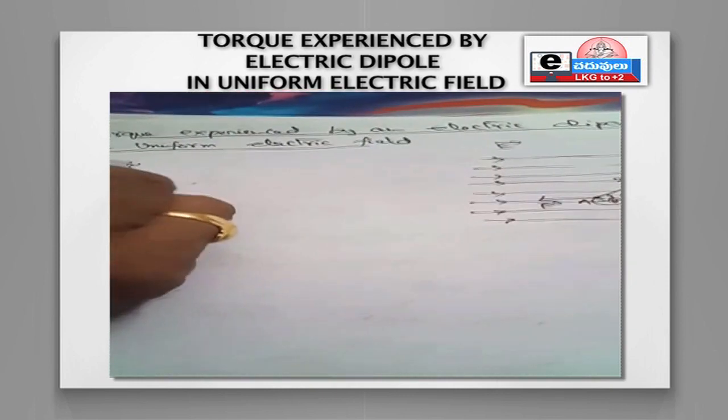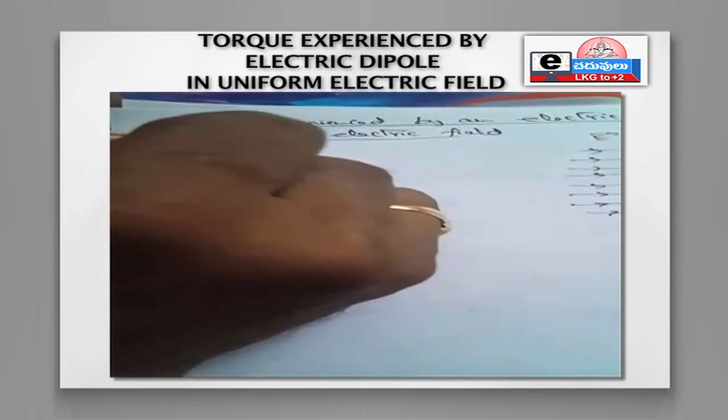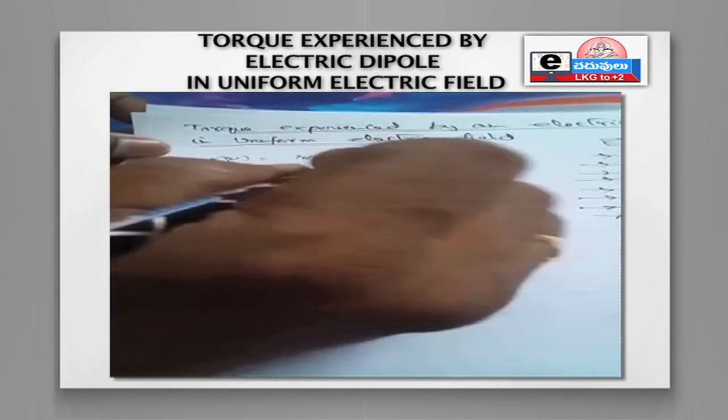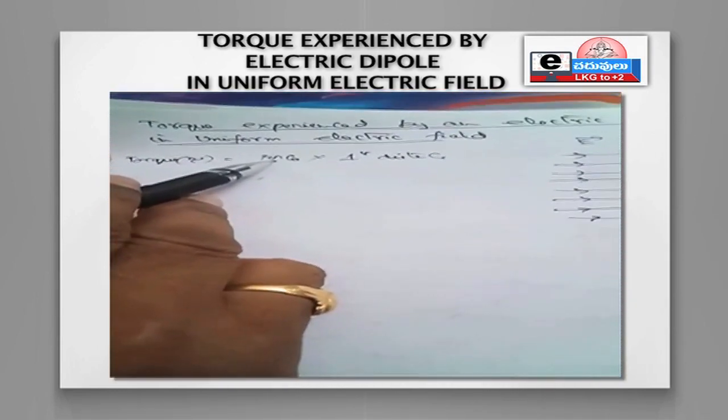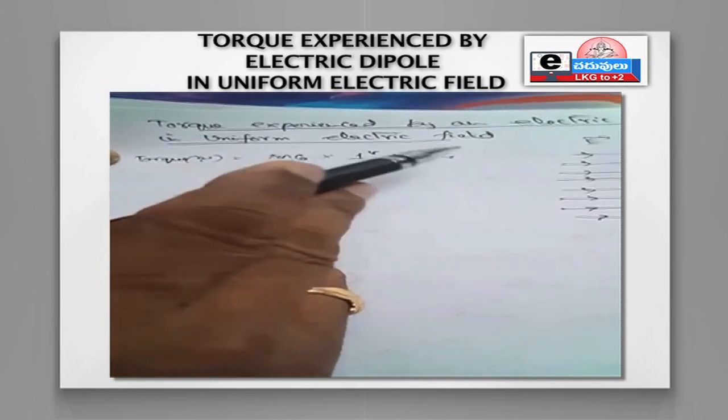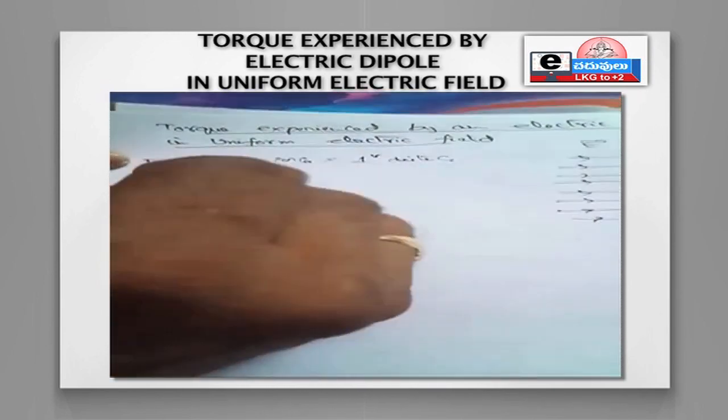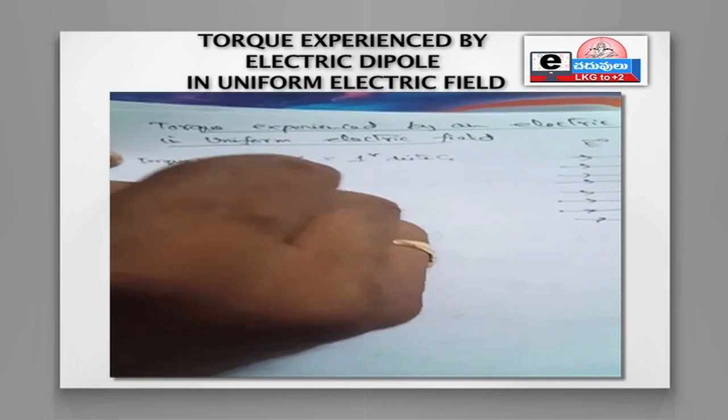In the torque definition in the lower classes, it is either of the forces multiplied by the perpendicular distance between them. This is the definition we are supposed to write. You should write: either of the forces multiplied by the perpendicular distance between the two forces. Either of the forces, I will take as F.